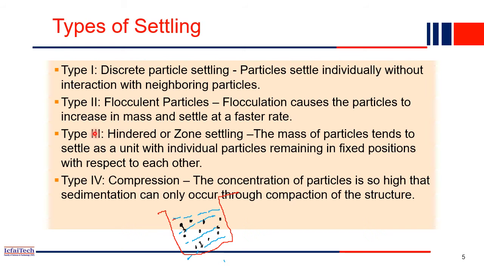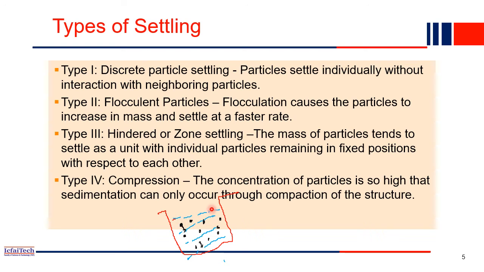Then we have type 3 settling. So what is type 3 settling? Type 3 settling is what we call hindered or zone settling, meaning the entire zone is settling directly. The mass of particles tends to settle as a unit, with individual particles remaining in fixed positions with respect to each other. So here, the entire layer will settle directly at the bottom, so the distance between the particles will be the same.